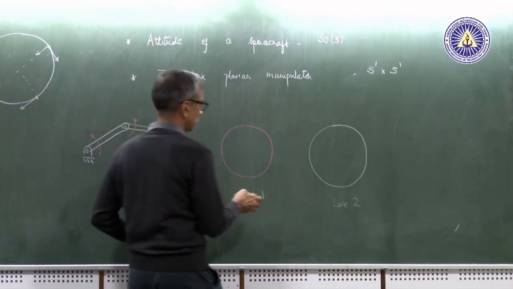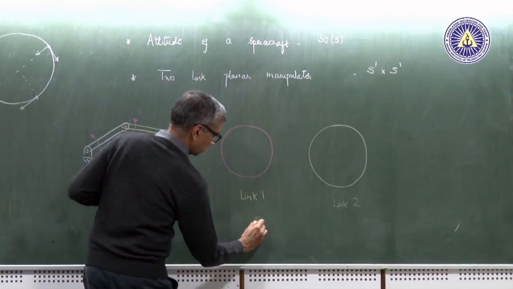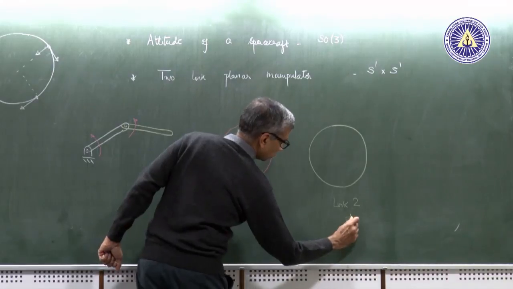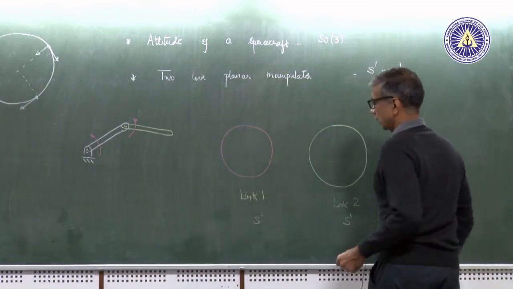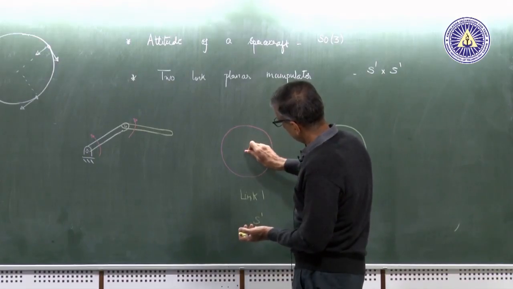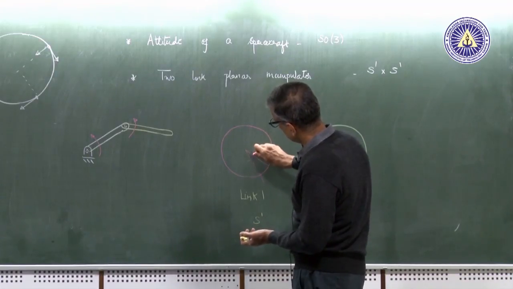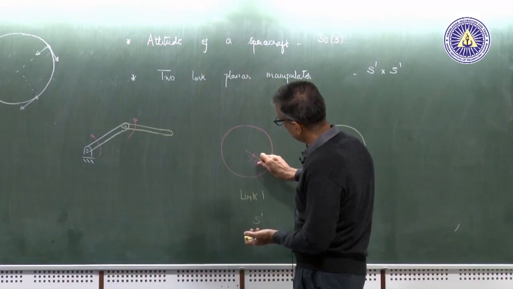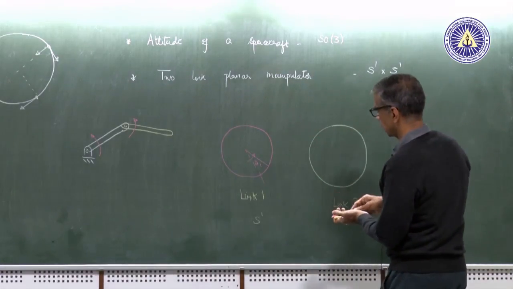So, this is a circle, this is a circle. You can think of this as describing, with reference to some position, your angle theta 1. The same way here.